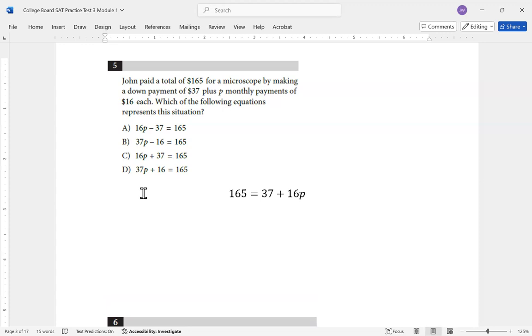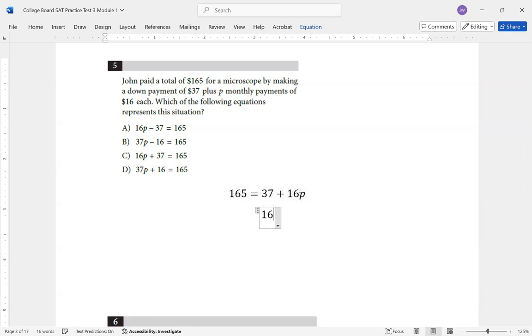Now we can reorder that. Obviously, all of these equations in my options have 165 on the right-hand side and have my variable on the left-hand side, but we can just swap sides there. And we can swap orders between 37 and 16p.